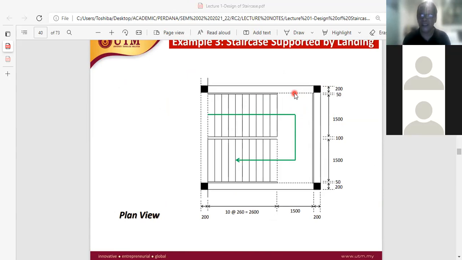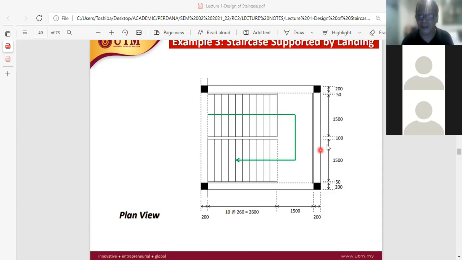However, these two components are not considered as one component, tapi dua separate component, because landing dengan tangga, landing is now supporting the staircase. Kalau example number 2, the landing dan juga the inclined section design sekali, because landing tu dengan tangga it is not separated, dan juga we have a beam at the end of the landing yang bertindak sebagai penyokong.